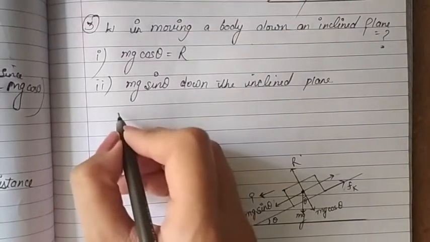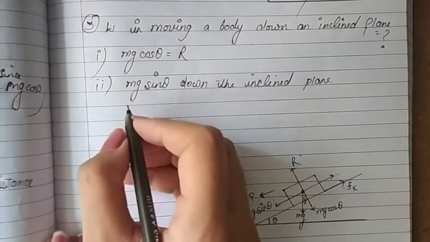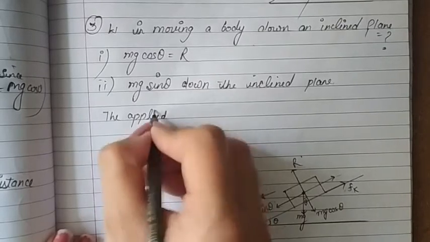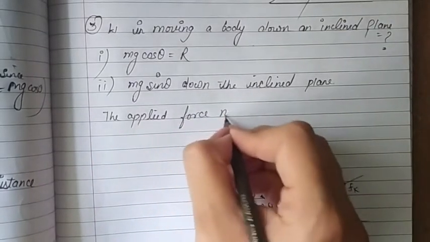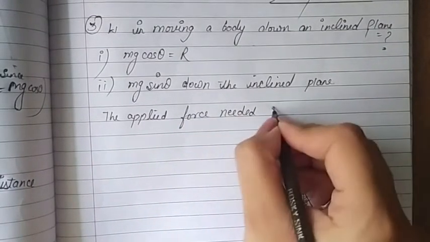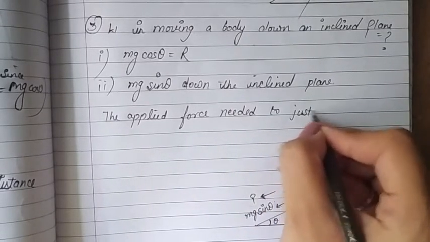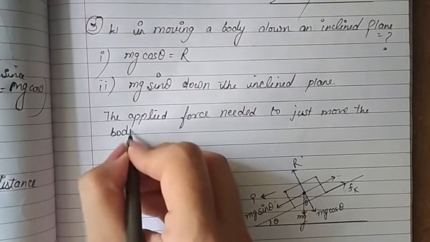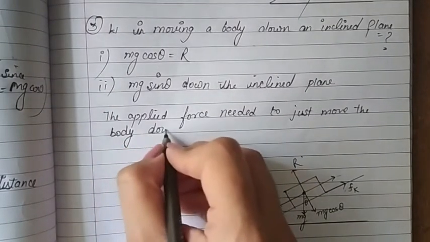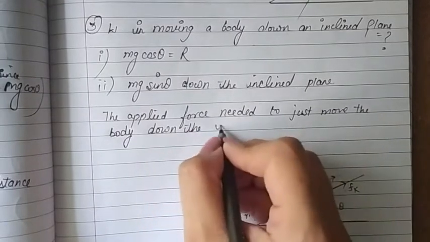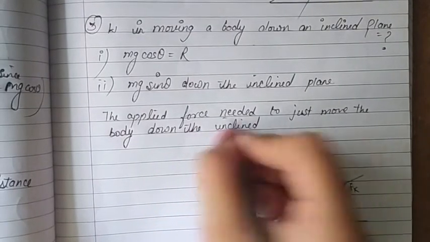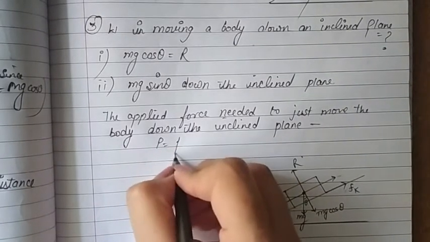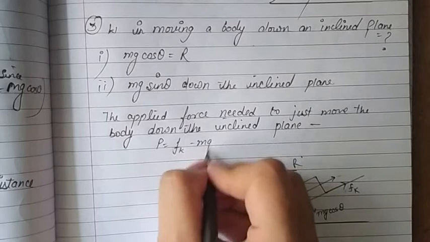So the applied force needed to just move the body down the inclined plane must be P is equal to Fk minus mg sin theta.